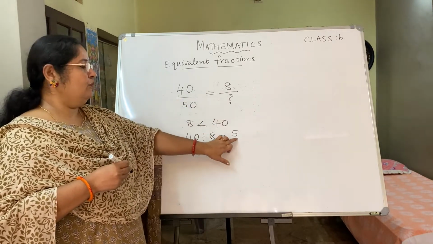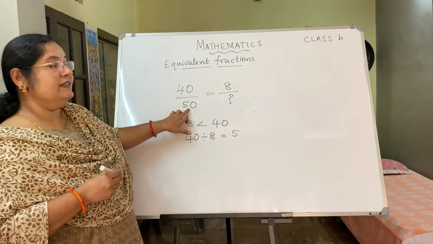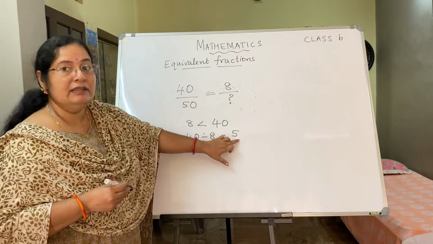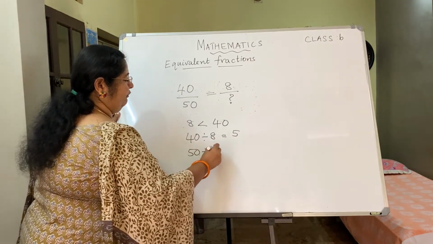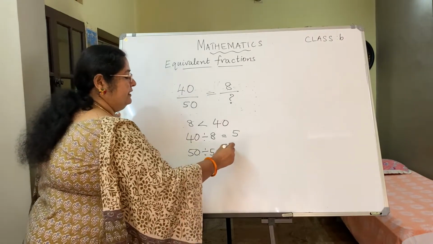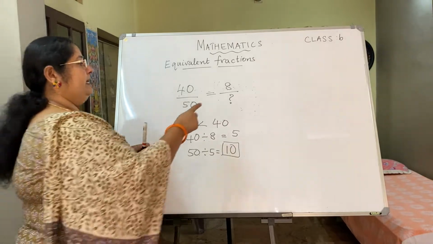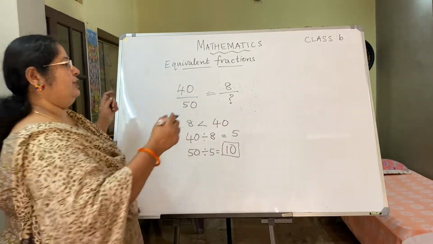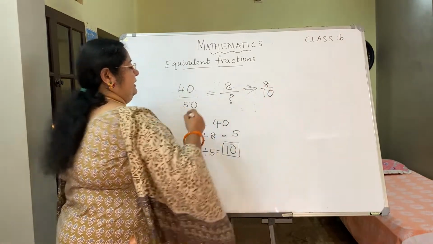So this quotient you got here, you will be dividing 50, the denominator, with this quotient. So 50 divided by 5 is 10. So this 10 will form the denominator for the equivalent fraction. So our equivalent fraction will be 8 by 10.